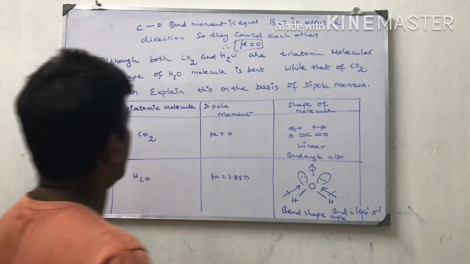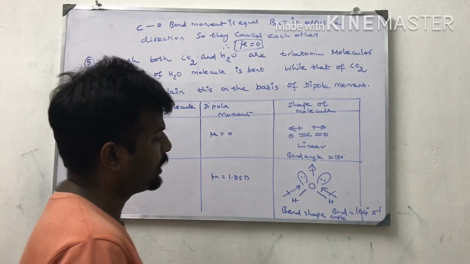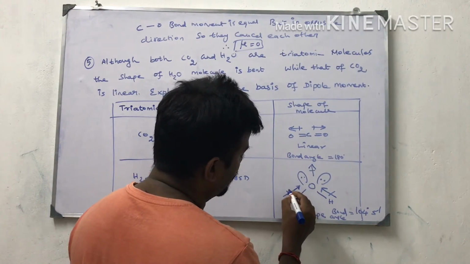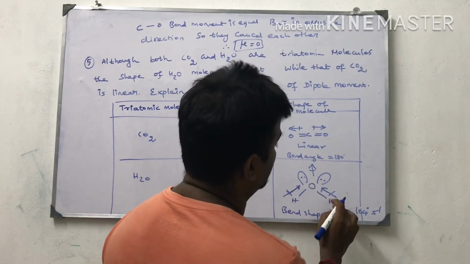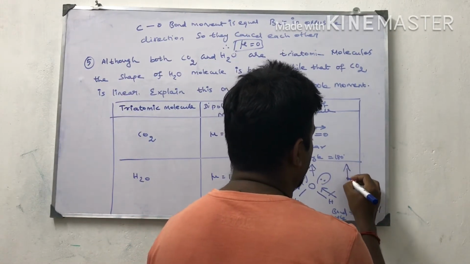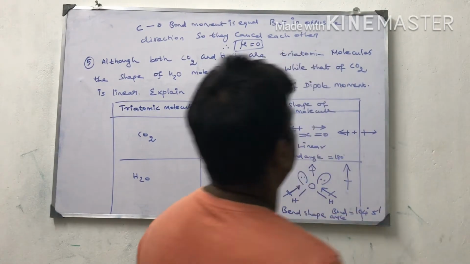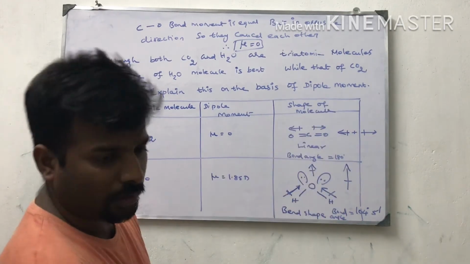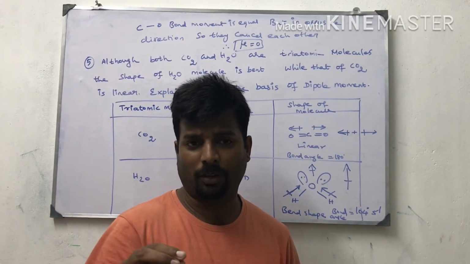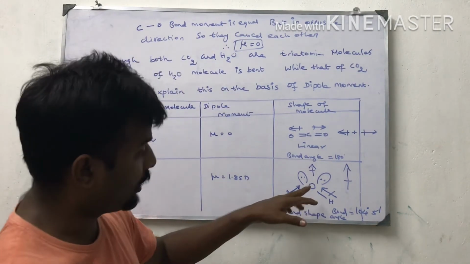Next, for the water molecule, the dipole moment is 1.85 D. It is bent shaped. Looking at this diagram, the bond dipoles are moving in the same direction from hydrogen to oxygen, and the lone pair also moves in the same direction. Therefore the net dipole moment is like this. The resultant dipole moment is the vector sum of all the bond moments of hydrogen and oxygen.